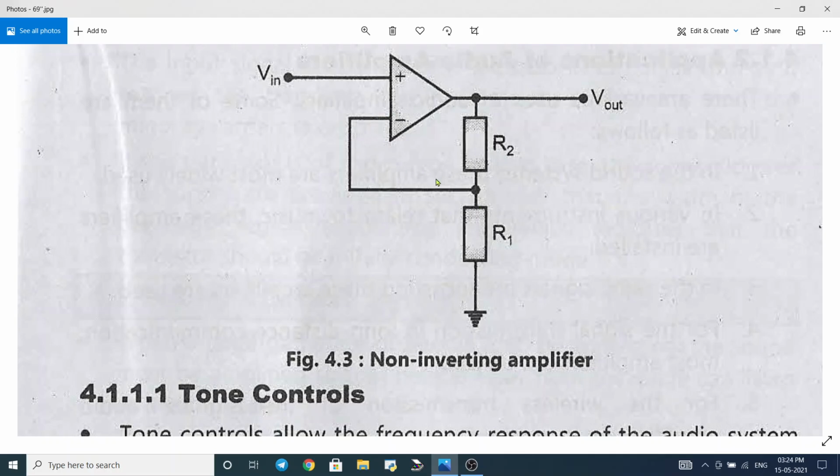The inverting input terminal is connected to ground through resistor R1 and a feedback resistor RF or R2 is connected between the output terminal and inverting input terminal, so that we will have the gain 1 + R2/R1.